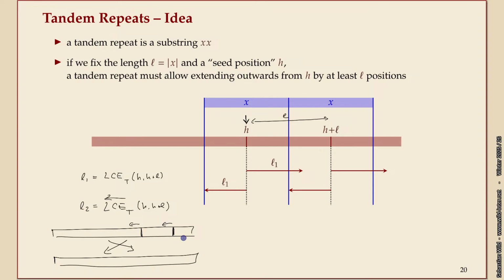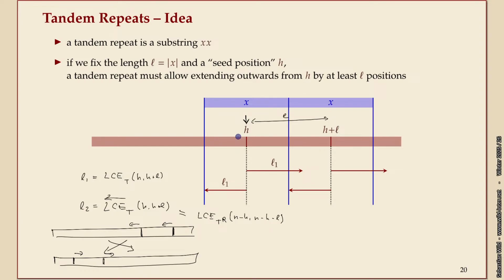So now it reads backwards, and now my positions are here, and now I can read to the right as I normally would. So you can rewrite this as LCE on the reversed text, and then something like n minus h, n minus h minus L. So that's what we're going to do.